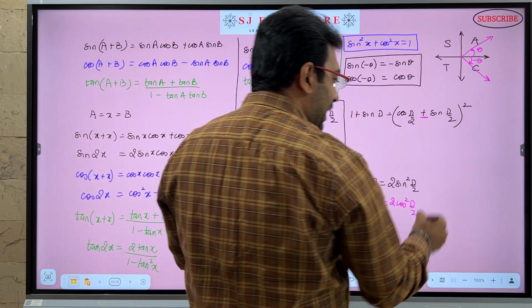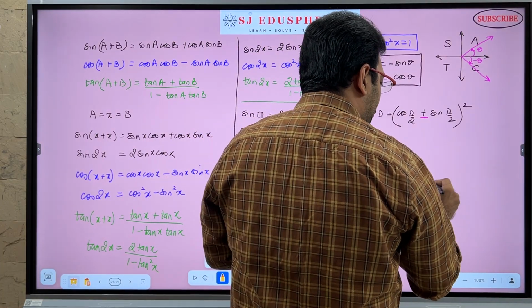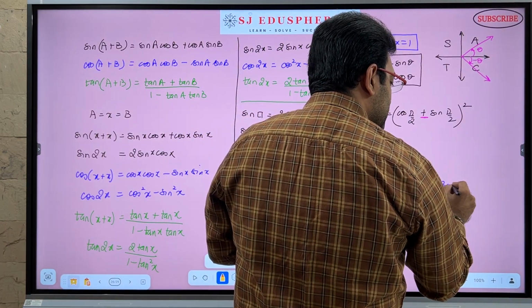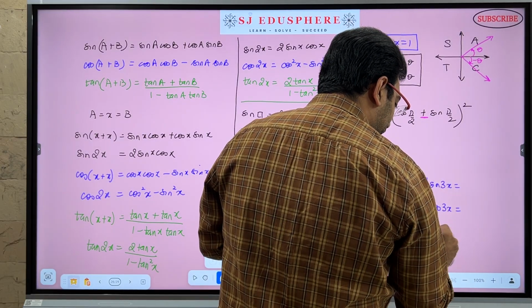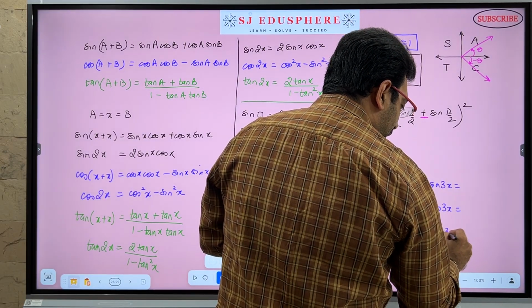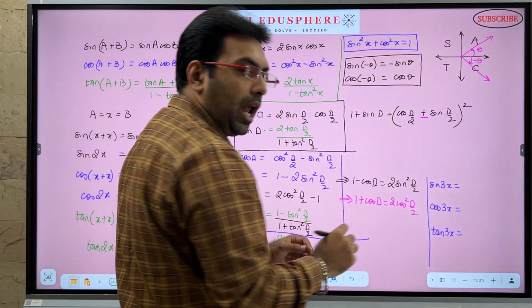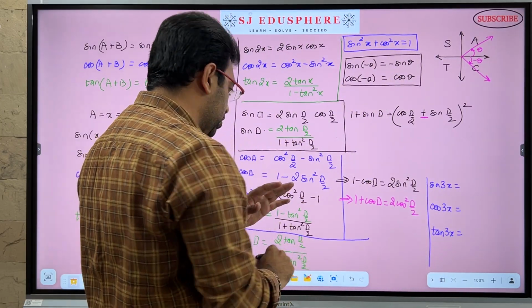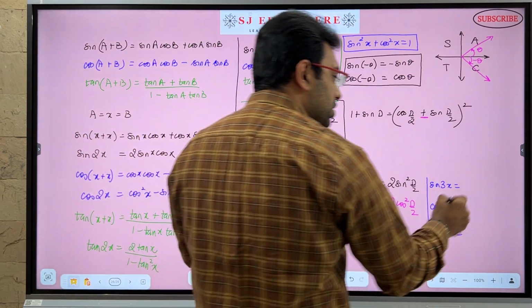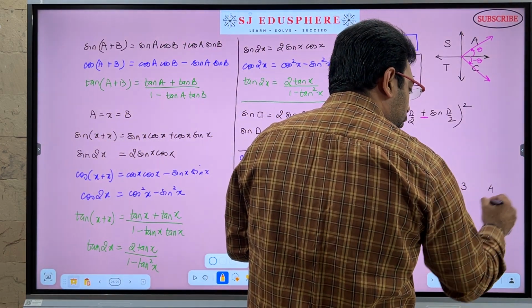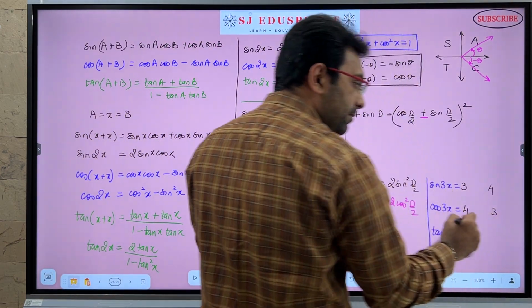What is your triple angle formula over here? So I have sine 3x, cos 3x and tan 3x. Now, a very simple way to remember this. First comes sine, then comes cos. First comes 34, then comes 43.